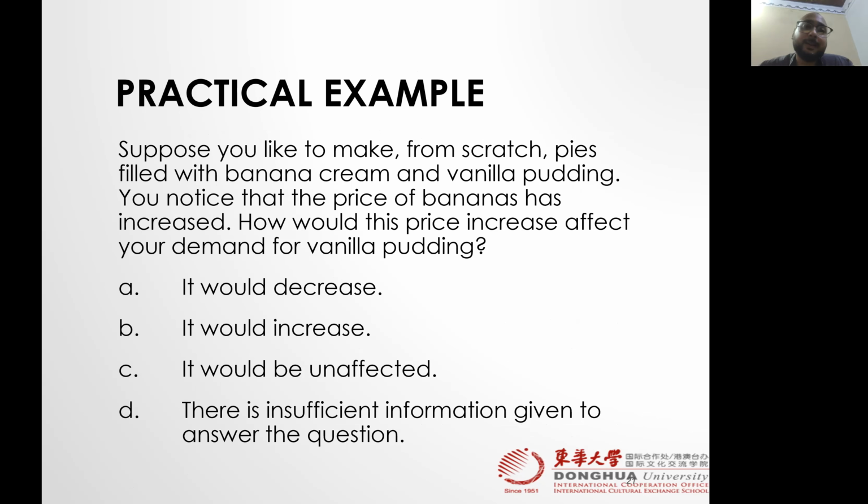Now this question: suppose you like to make from scratch pies filled with banana cream and vanilla pudding. So what is your main product? Making pies, and banana cream and vanilla pudding are your ingredients. You notice that the price of banana has increased. How would this price increase affect your demand for the vanilla pudding?